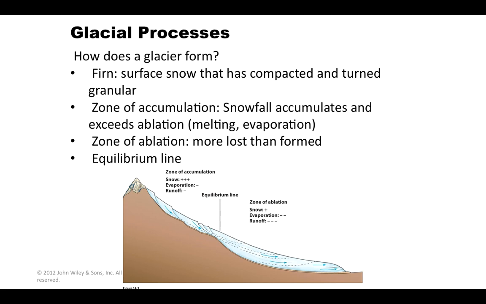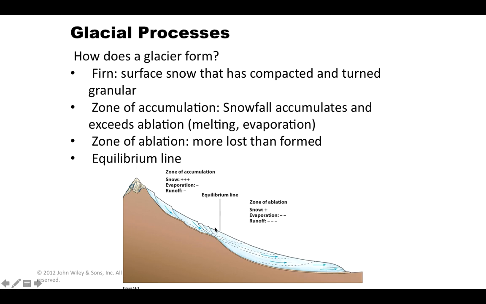We had the leeward side where it was kind of like the steep side that wasn't building up the sand dune. So our zone of accumulation, that's the part of the glacier that is building, that is accumulating, and the zone of ablation is the part of the glacier that is losing. It's losing its ice, it's melting.